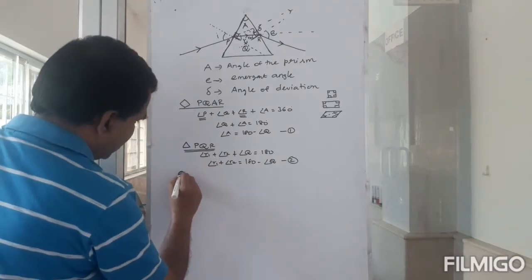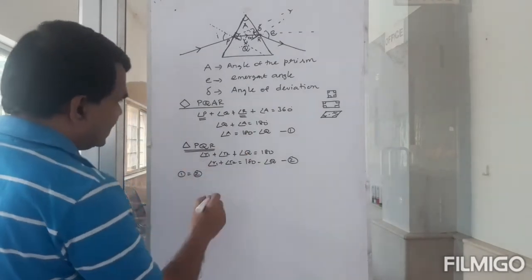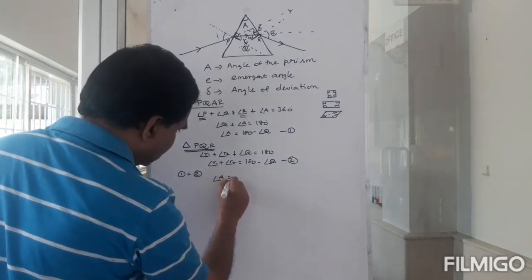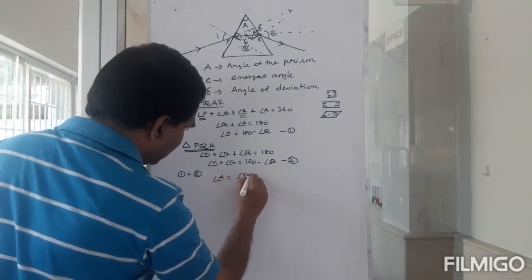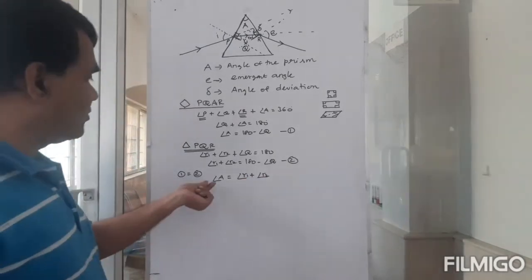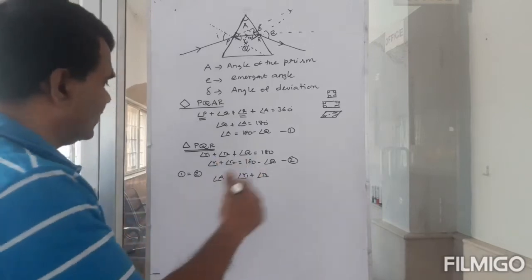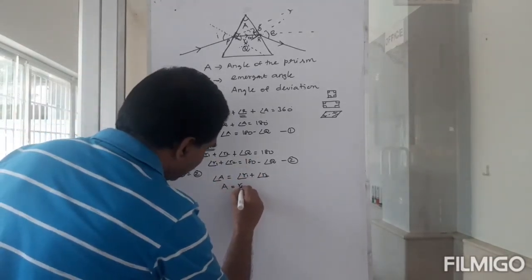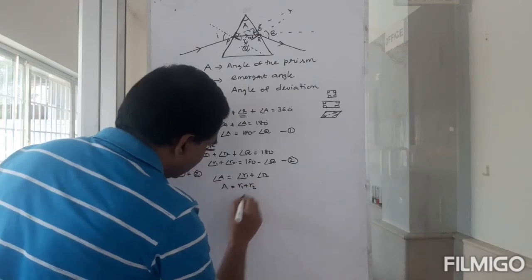You can see that 1 is equal to 2, which means that angle A is equal to angle R1 plus angle R2. From now on, I am going to drop this angle sign. I will just simply say A is equal to R1 plus R2.